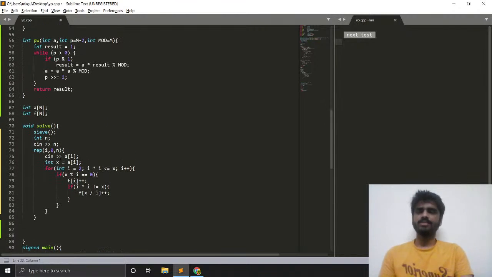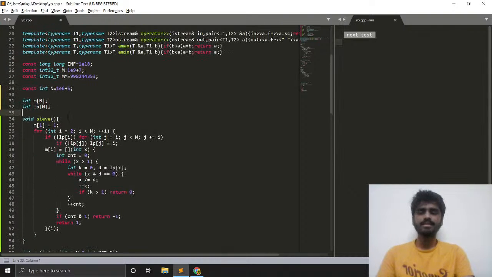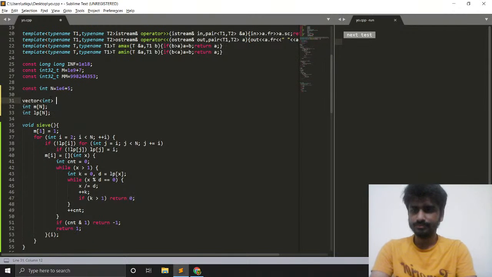I need some way to find out all the divisors. I think I can just store all of the divisors.